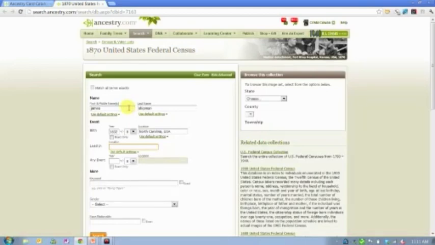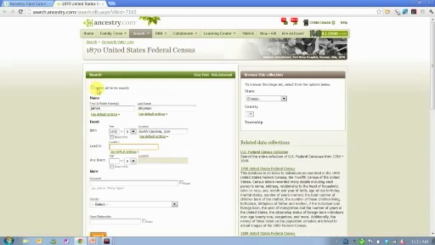It could have been recorded incorrectly. Sometimes census takers would just ditto down the whole image and not take into account that not everybody was born in that location. So when I do my first search, I never mark anything exact.